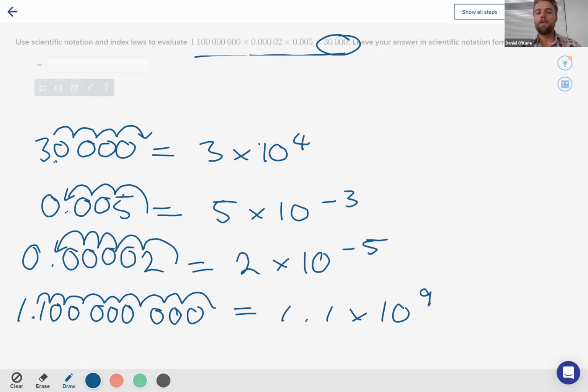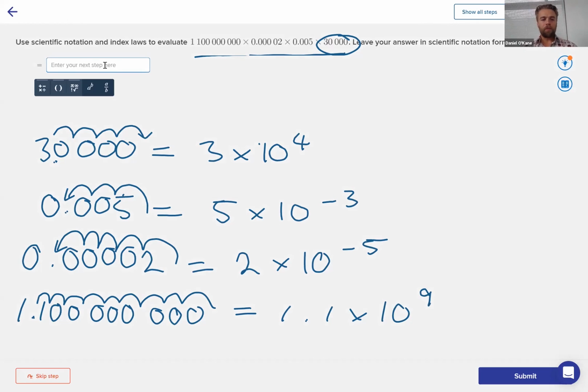So now when doing this multiplication, I could just multiply the 3, the 5, the 2, and the 1.1 together, and then multiply each of the 10s. 10 to the power of 4 times 10 to the power of -3 times 10 to the power of -5 times 10 to the power of 9.